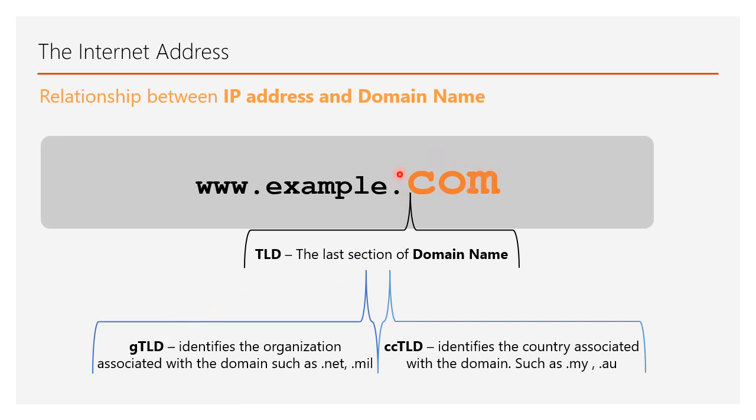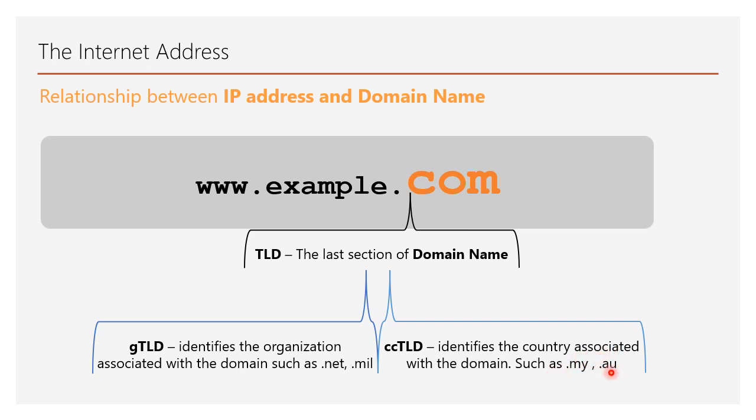If your domain name ends with a generic TLD, it identifies the organization associated with the domain name, such as COM for commercial organization and MIL for military organization. ccTLD stands for country code TLD, which identifies the country associated with the domain, such as www.example.com.my, where my stands for the country of Malaysia.